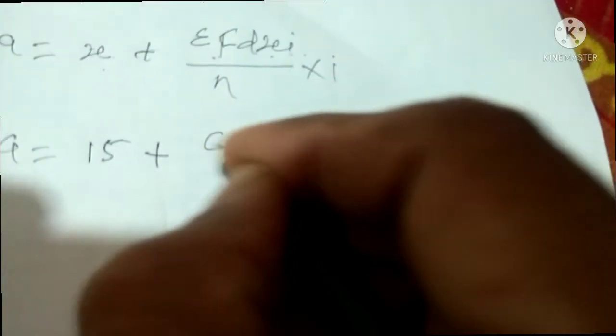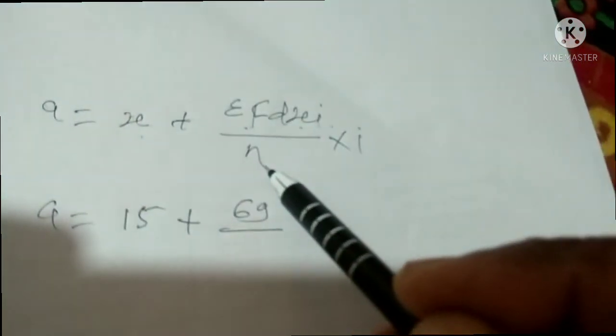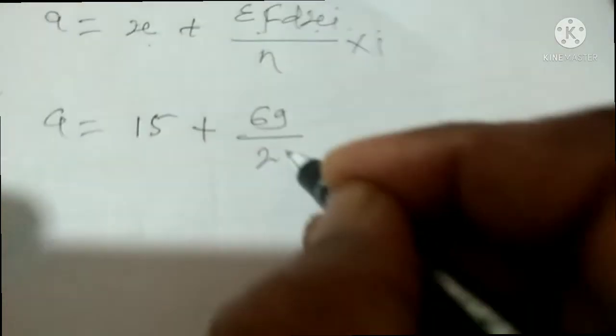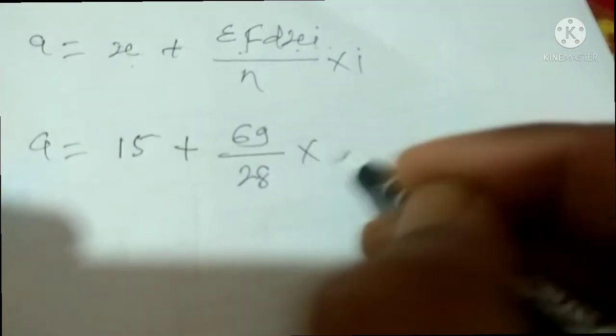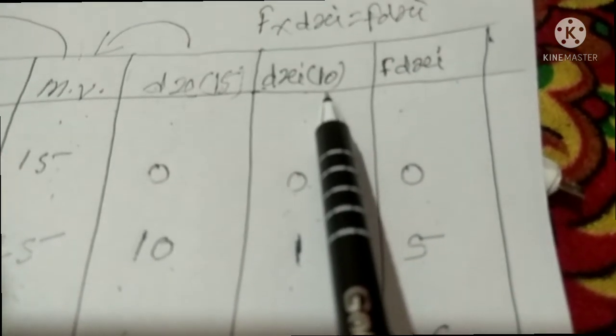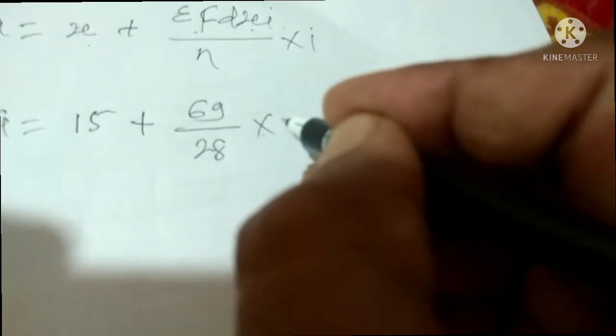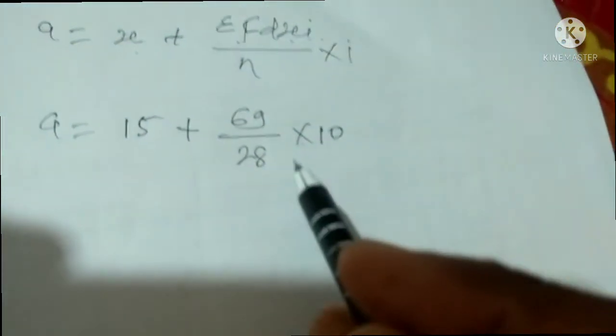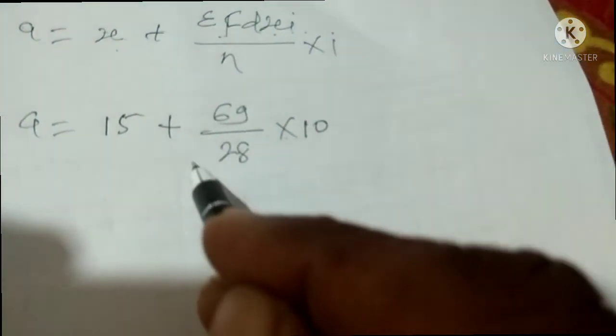So write here 69. Write here the value of n. What is n? 28. So write here 28 into I. I means dxi, and we took dxi as 10. So write here 10. And firstly solve this part.